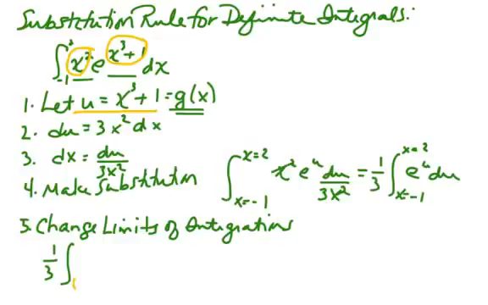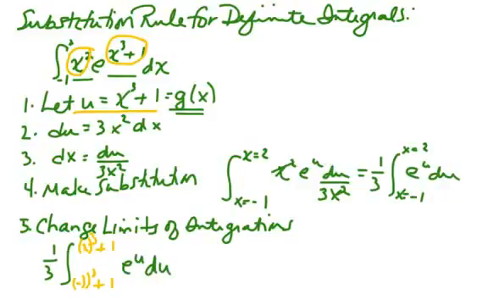So I'm going to put them in, keep them in yellow. So this is -1 cubed plus 1, and the upper limit is 2 cubed plus 1. That converts them to u, and then of course the rest of the function stays in terms of u.